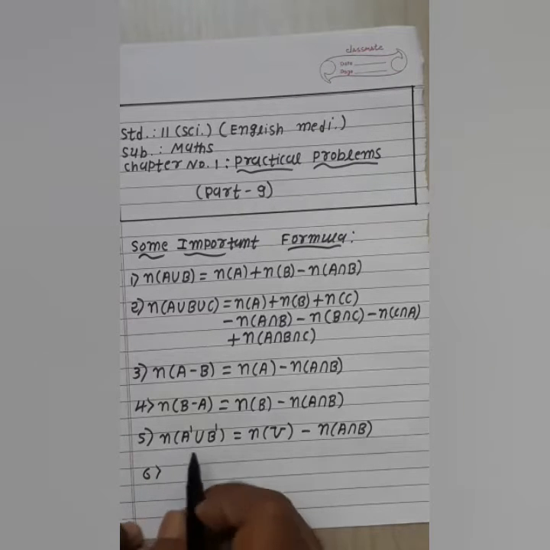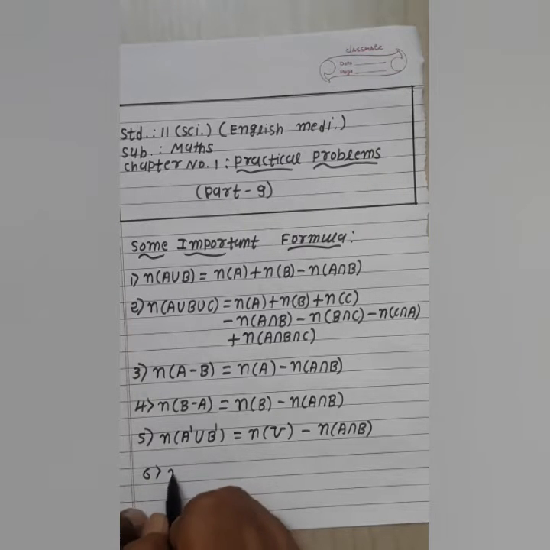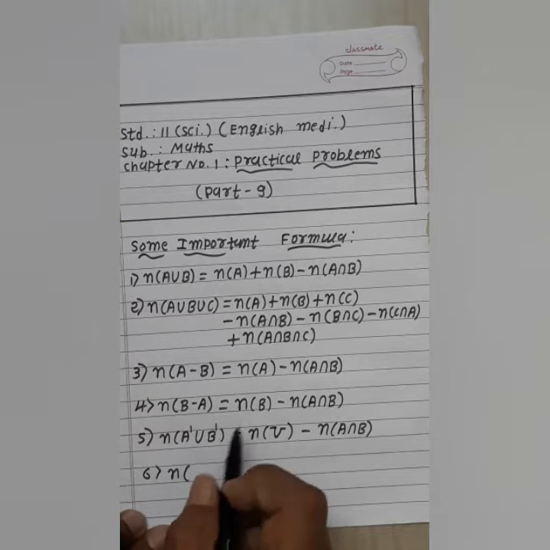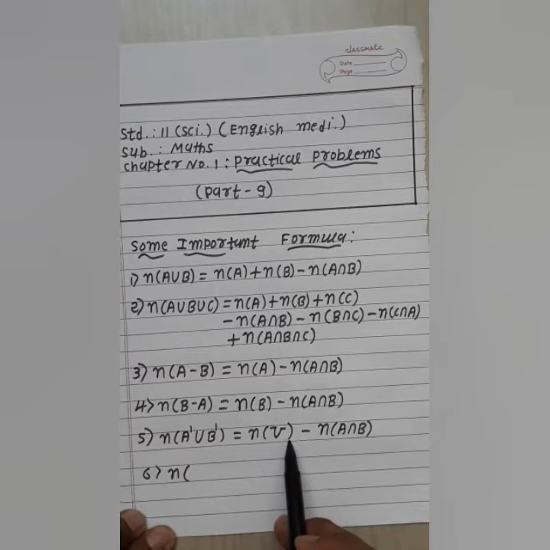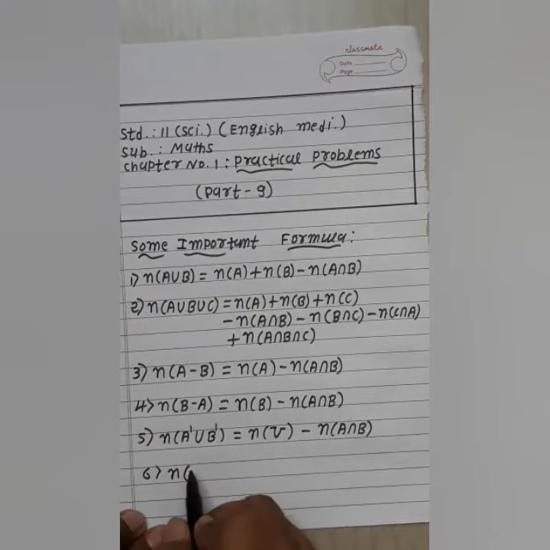And the last formula, a similar formula where the A dash intersection B dash form is present.